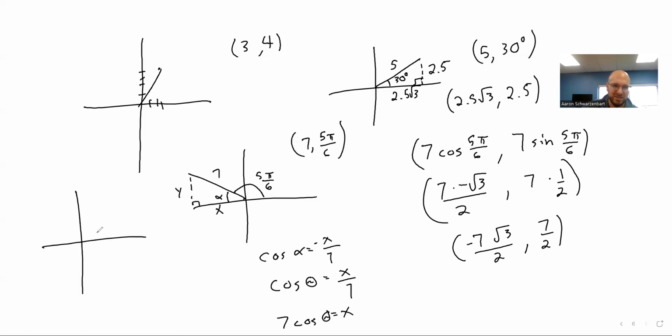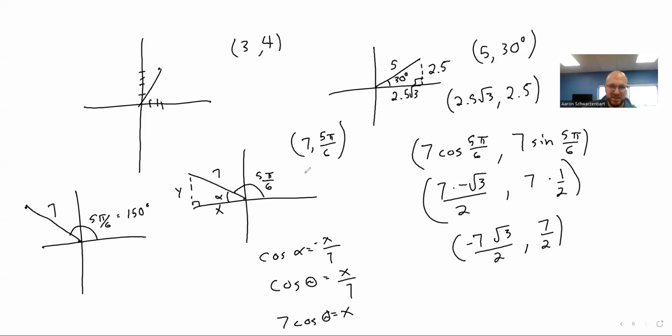Graphing polar coordinates, again, I just found my angle 5 pi over 6 here. It's 150 degrees from the positive x-axis. And then I put a radius of 7. Go out to something that's got a radius 7. Okay.